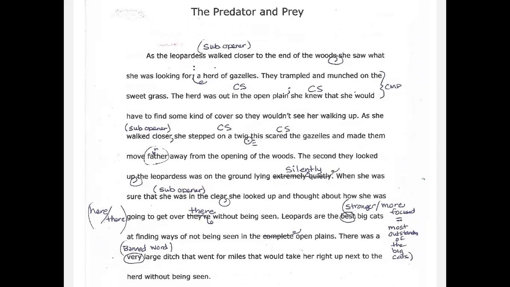So maybe a 7th grader could be at a 9th grade writing level in story writing, but a 6th grade writing level in an essay, or a 5th grade writing level in a research paper, right? Because it is based on enjoyment of the type of writing. It's based on interest of the student. It's based on the background of experience that a student brings to the situation. And of course, any previous skills that have been taught that the student has learned. So I say all that to say that I believe this girl was in 6th or 7th grade.